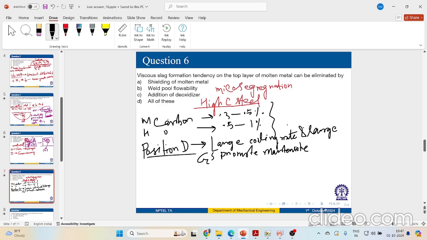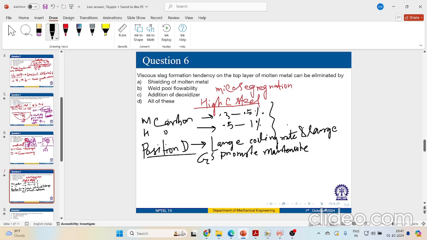Okay, so if you see the microstructure, I cannot draw the microstructure over here. Anyhow, if you see the microstructure, that will be essentially martensite with some amount of bainite that may form and some nodules of pearlite.